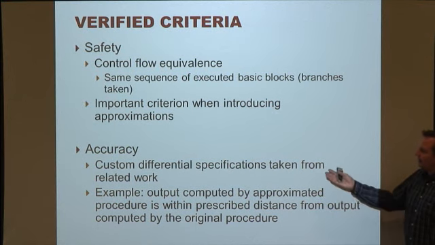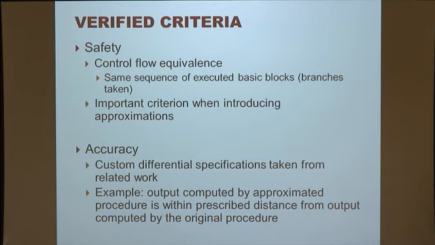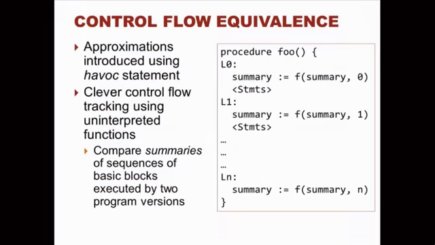And this is mentioned in other related work papers as an important thing to work on. And we also have a couple of benchmarks where we checked accuracy. In this case, the accuracy criterion came from related work that used the same set of benchmarks. One example would be that the output computed by the approximate procedure is within some prescribed distance from the original procedure output.